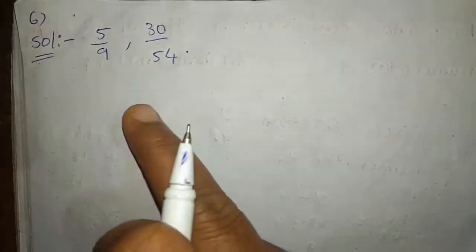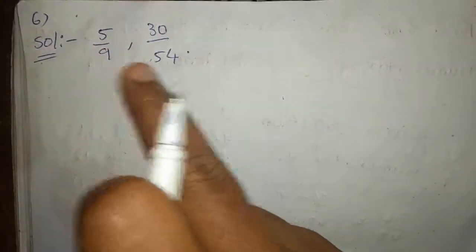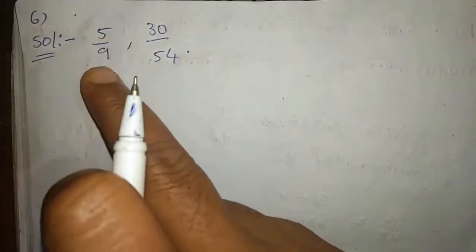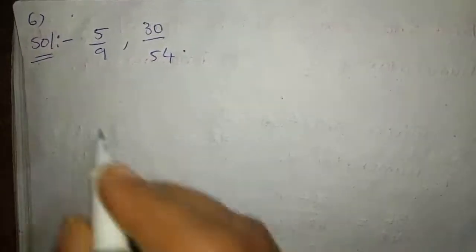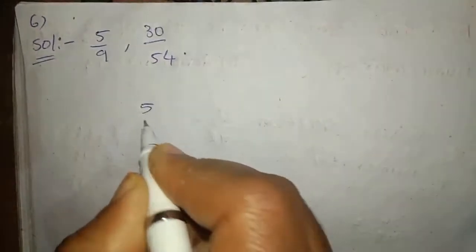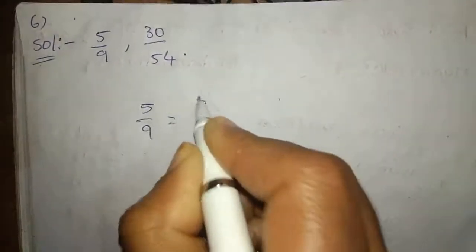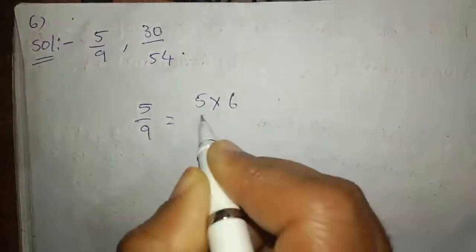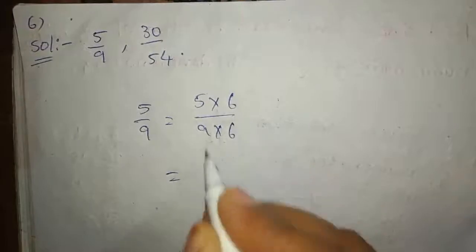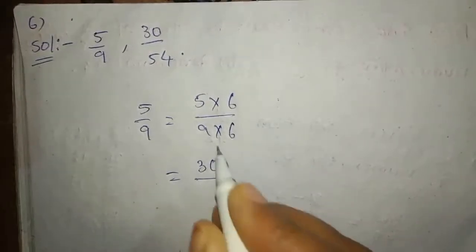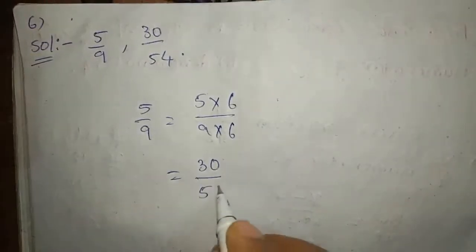So in the given fraction 5 by 9, we will multiply both numerator and denominator by the same number 6. Now 5 by 9 is equal to 5 into 6 by 9 into 6, that is equal to 5 sixes are 30 and 9 sixes are 54.